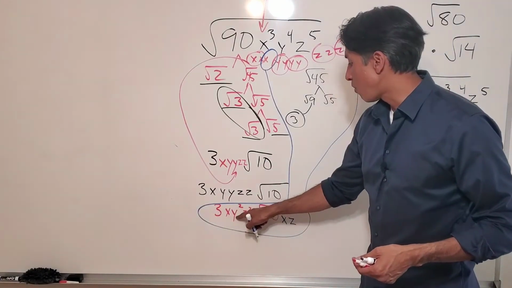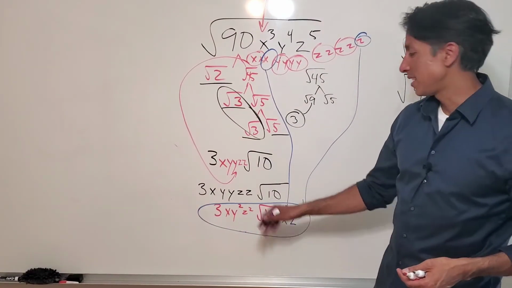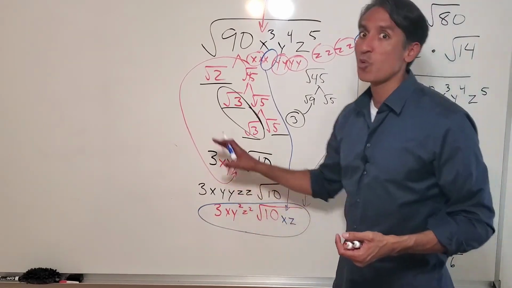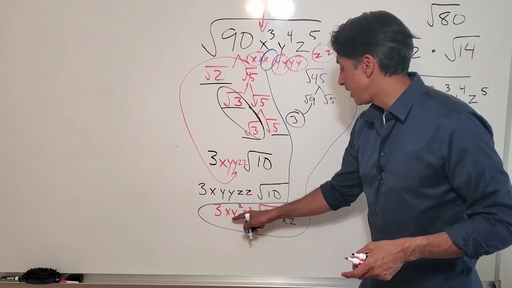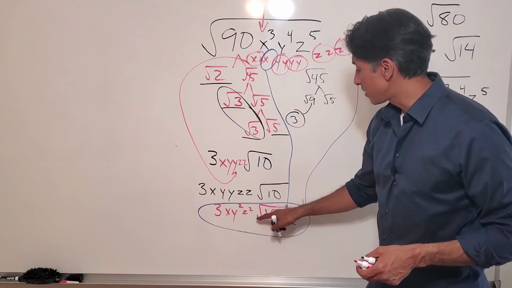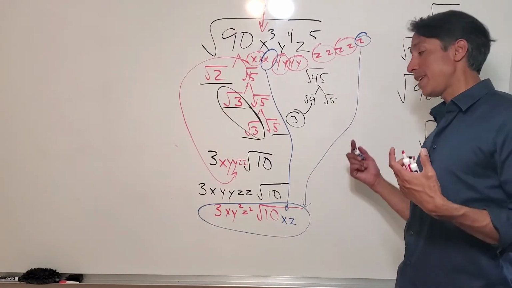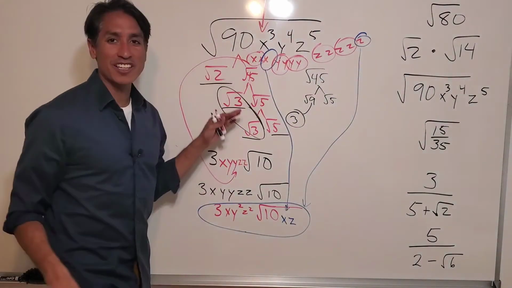So it'd be 3y squared z squared, and then you would put the x in the back because it has less amount of exponents, right? It's just an x, whereas these ones are squared. So a more correct way to write the problem would be 3y squared z squared x, and then square root 10xz.